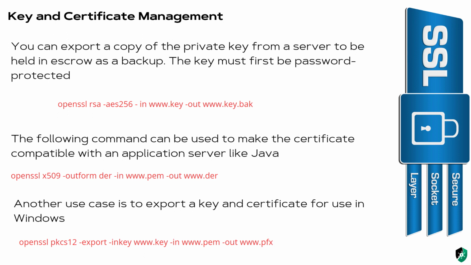You can see right there -outform DER. That should be the signal that, okay, we're trying to make this particular certificate compatible with other applications like Java. And then another use case would be to export the key and certificate for use in Windows. And you can easily identify that by the word export in the code below.